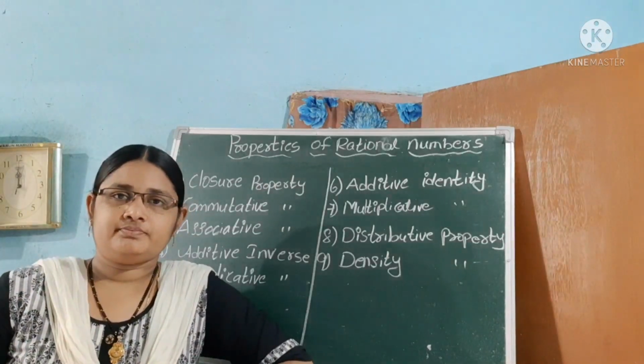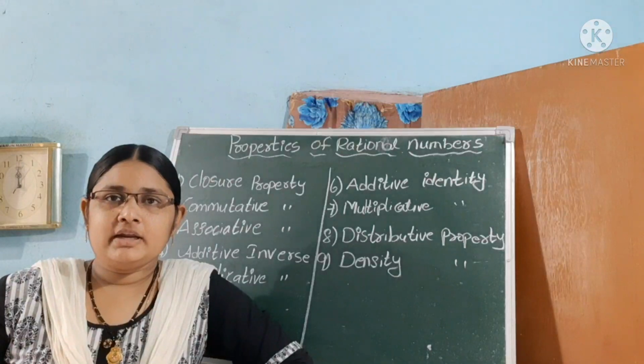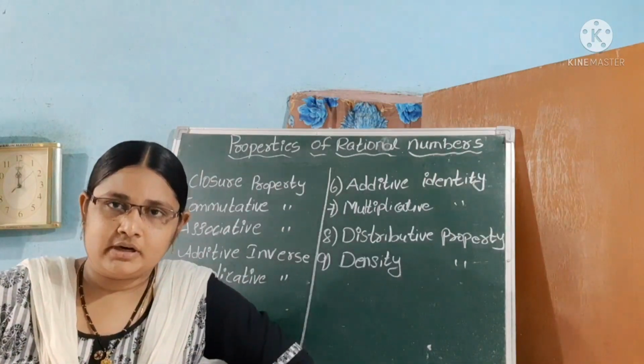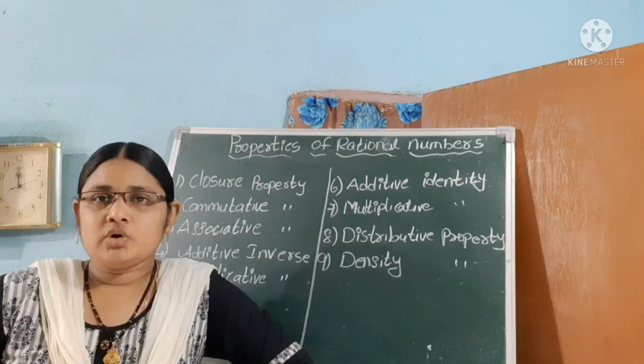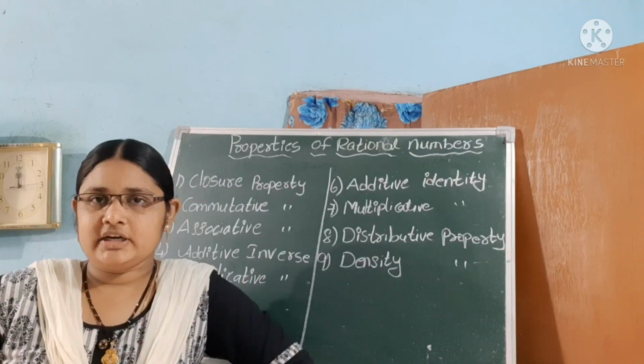Do you remember? If a number is said to be a rational number, then that number must satisfy two conditions. What are the two conditions?